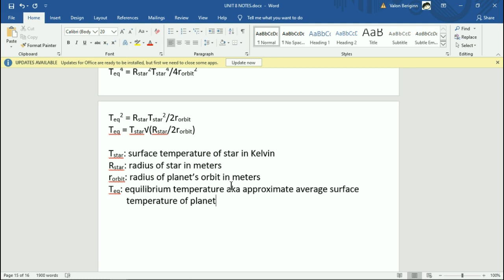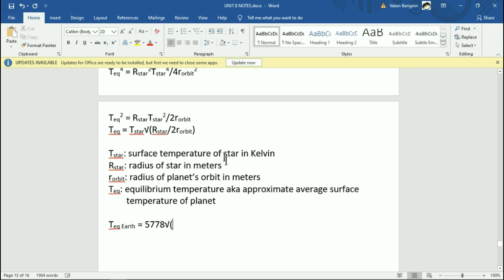So what does this look like? Let's plug in a number here and find the T eq of Earth. We need the temperature of the star, in this case the sun, which is the surface temperature, so that's 5778.